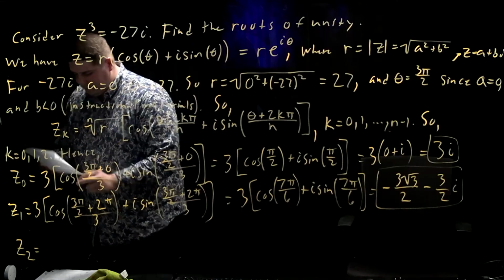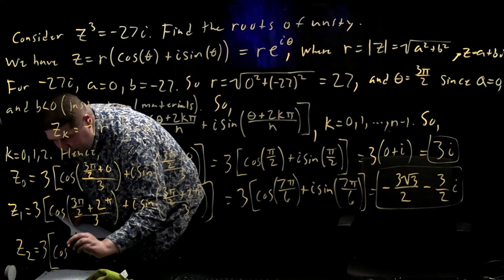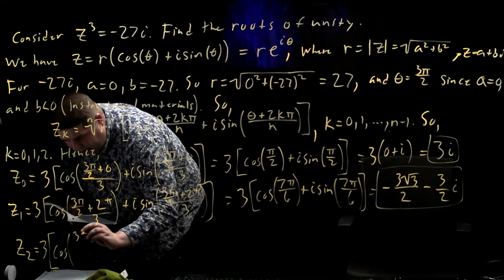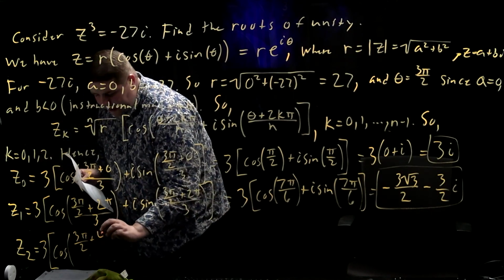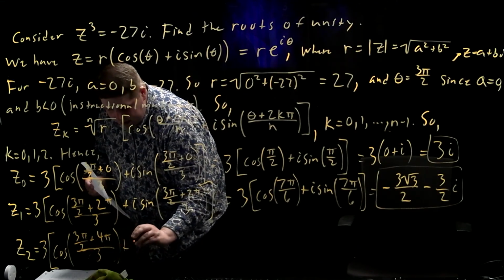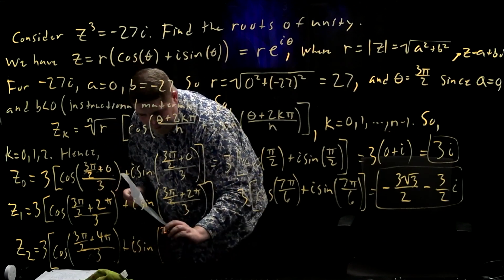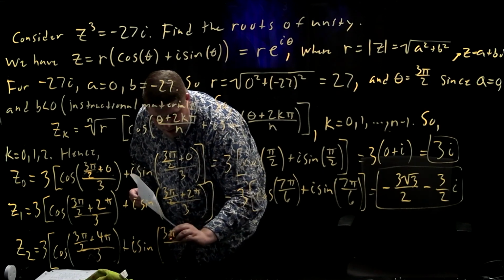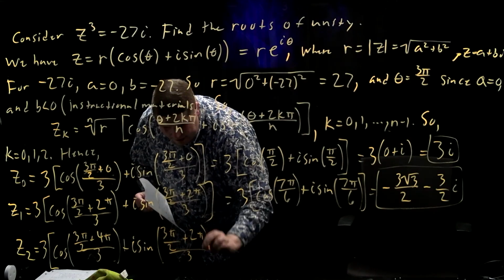Okay? So that is 3 times the cosine of 3 pi over 2 plus, now this is plus 4 pi, over 3, plus i times the sine of 3 pi over 2 plus 4 pi over 3.